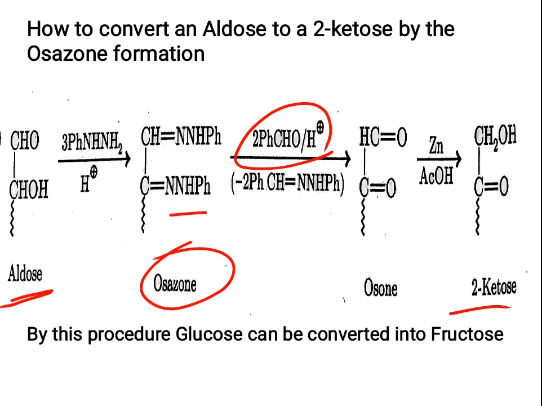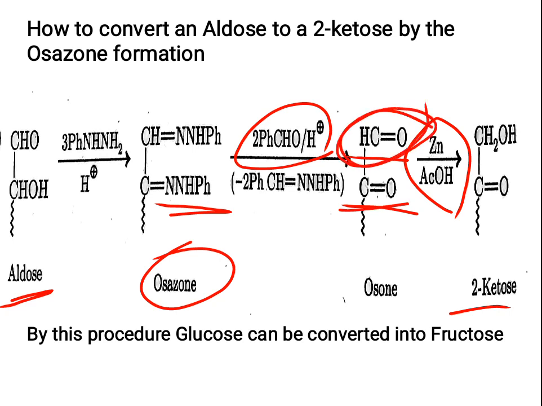So these phenyl hydrazine groups will be removed, and you will get the dicarbonyl compound, which is osone. Just treat it with zinc and acetic acid. This will reduce this aldehyde group, not this carbonyl group. And after reducing this aldehyde group, you will get 2-ketose. By this procedure, glucose can be converted into fructose.